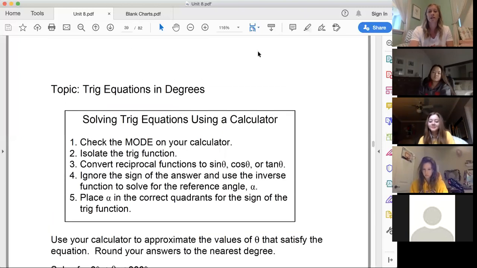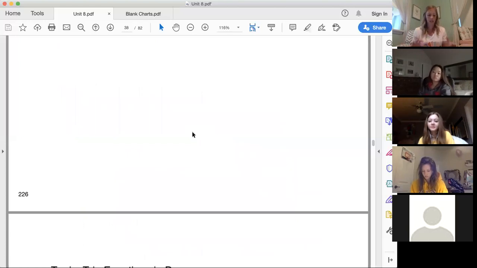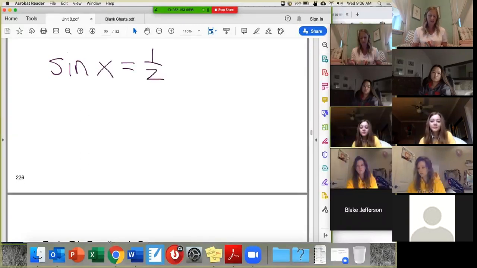But just before I get started on this page, to kind of pull back in what we did in Unit 6, we talked about sine and cosine values using our charts. So I'm just going to give you a random example here. If I said sine of x is equal to 1/2, and let's think in terms of degrees temporarily.